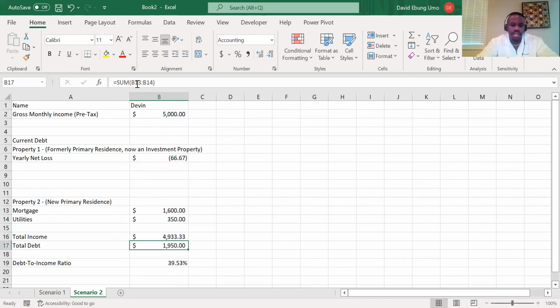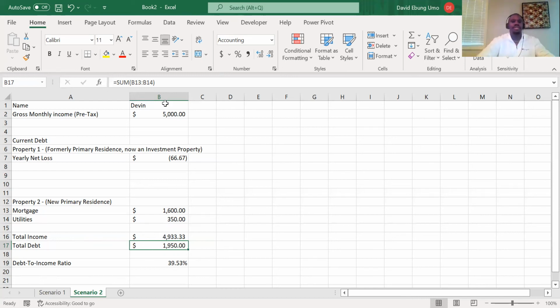What you see, friends, is obviously you get the idea. By virtue of wanting to claim that $2,000 as a tax write-off, now the total income that they're using to determine his DTI is $4,933.